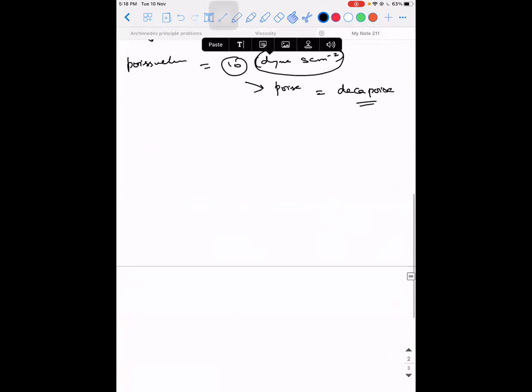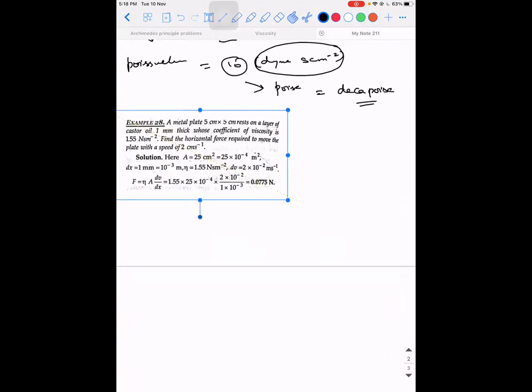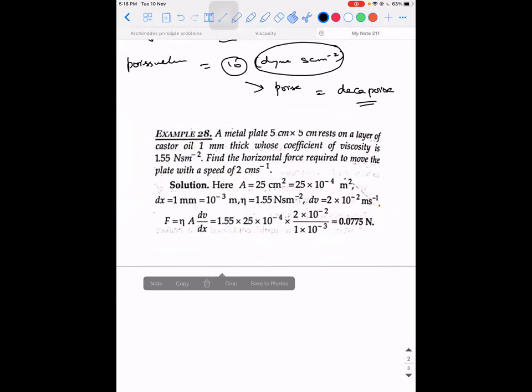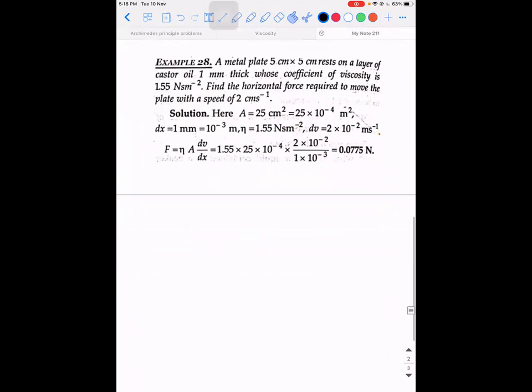So let's try this problem. There is a metal plate 5 centimeter by 5 centimeter. So area is given as 25 centimeter square. It rests on a layer of castor oil which is 1 millimeter thick. So dx is 1 millimeter, that is 10 power minus 3 meter.